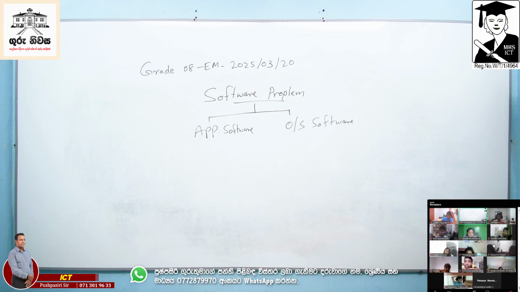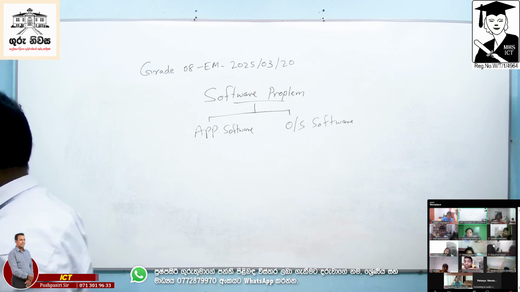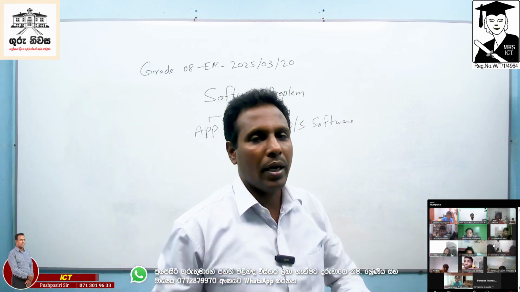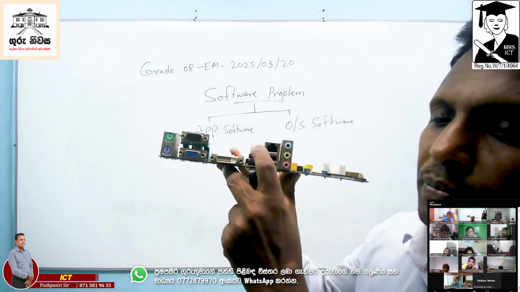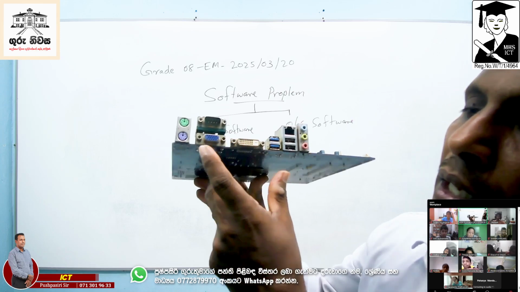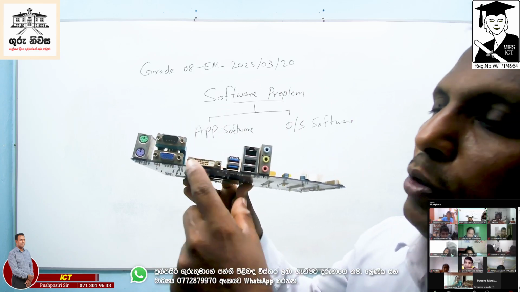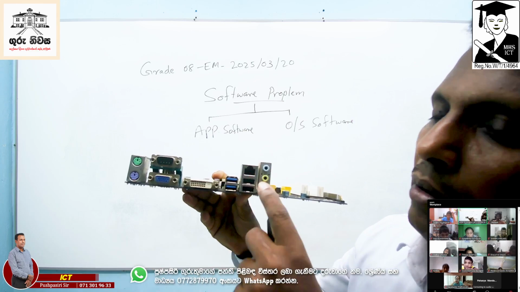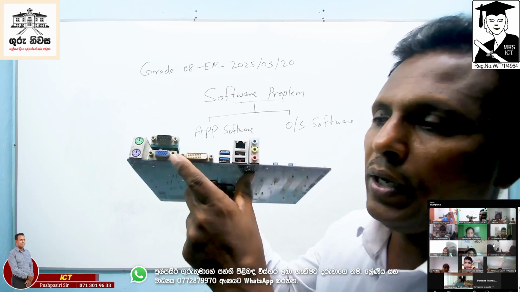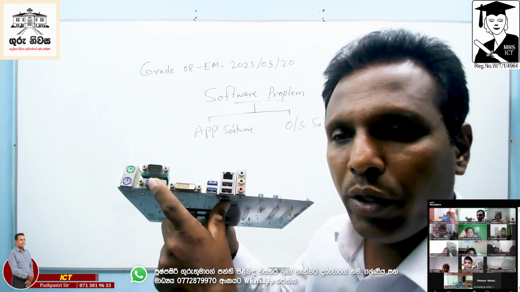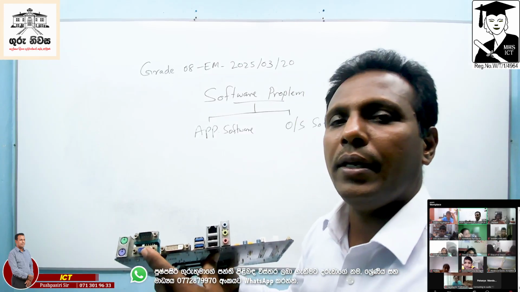Now here, there are many ports available, no, puta? But for each and every one of those ports, when you are connecting them, first of all you have to switch off your computer.